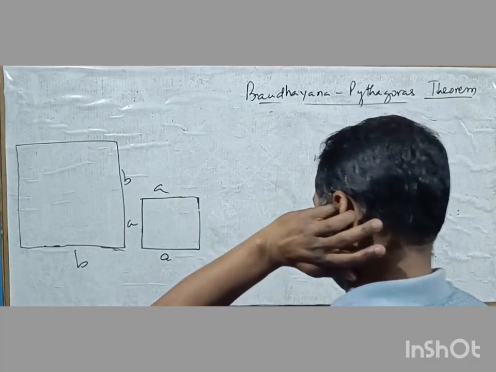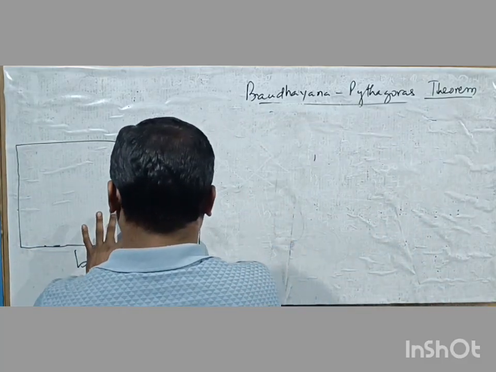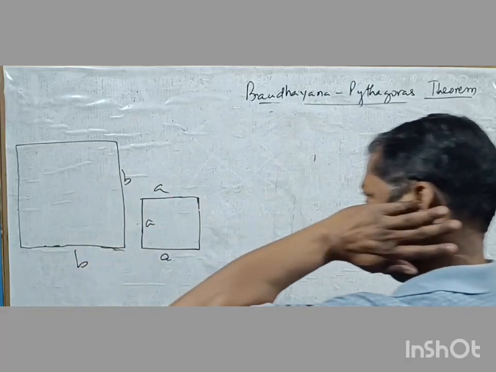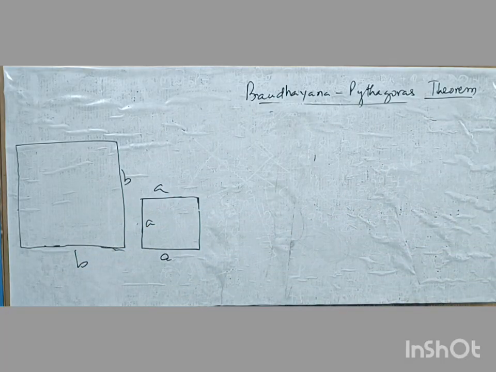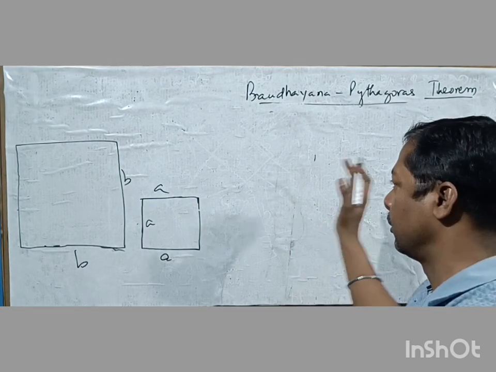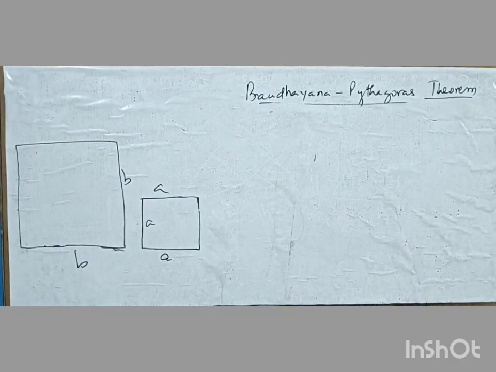So this is A, this is B. Suppose we add these two squares to get a third square, so that the area of these two will be equal to the area of the third square.